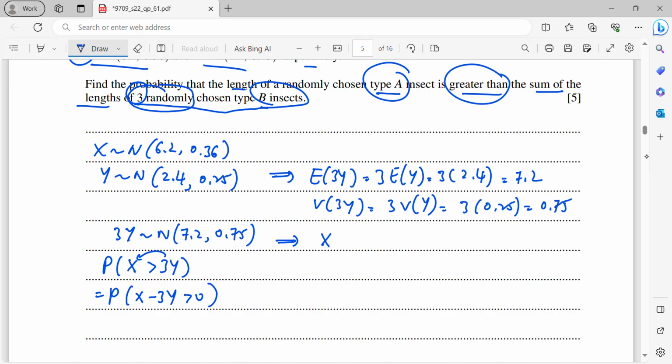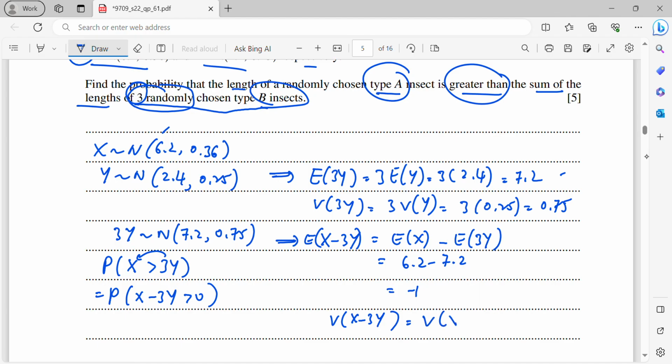Now the expected value for X minus 3Y is going to be expected X minus expected 3Y, which means expected X is 6.2. So 6.2 minus 7.2 will be minus 1. Then the variance of X minus 3Y will be variance of X plus variance of 3Y.